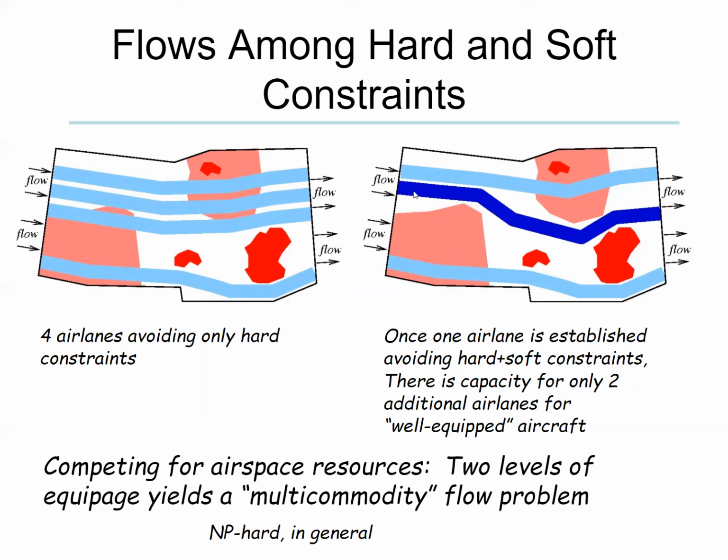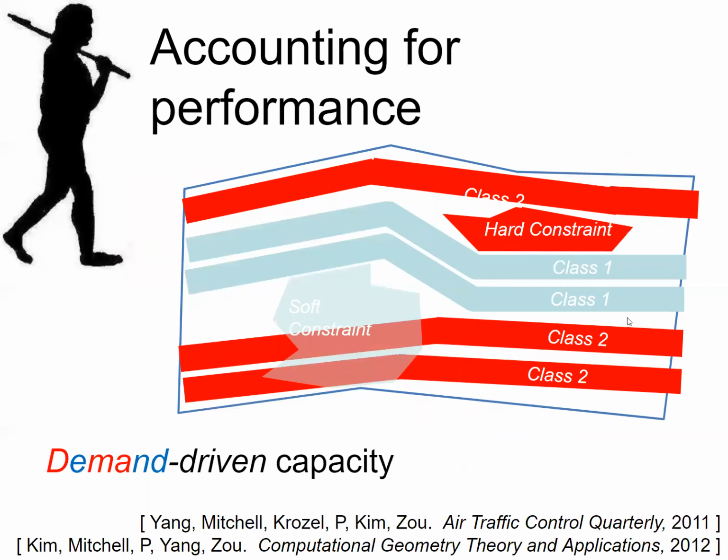If you route the air lanes as on the right picture, then you can fit both the darker flow and the lighter flow, but with different trade-offs. So you can route different numbers of different kinds of traffic through the airspace.